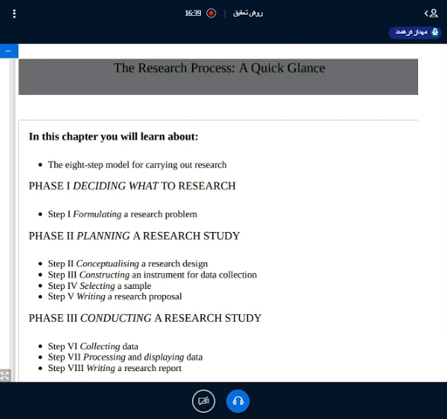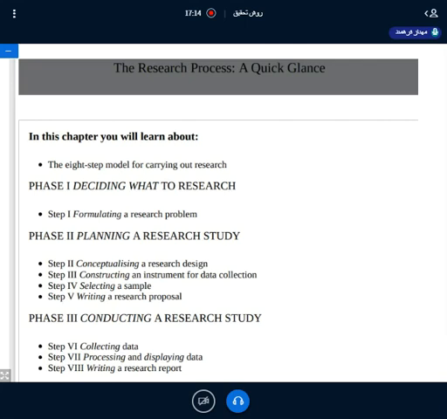In this chapter you will learn about the 8-step model for carrying out research. I want to tell you that we are going to study these processes, these steps, and then we can read each separately in each chapter, okay?